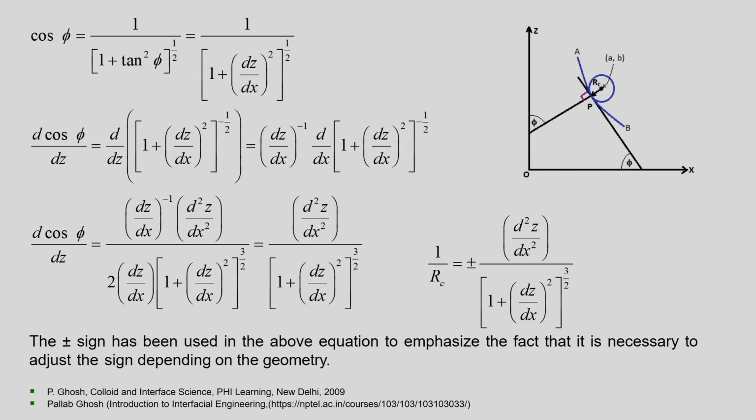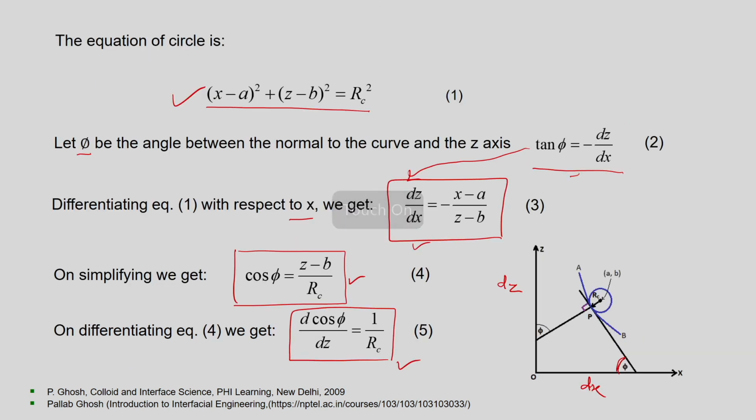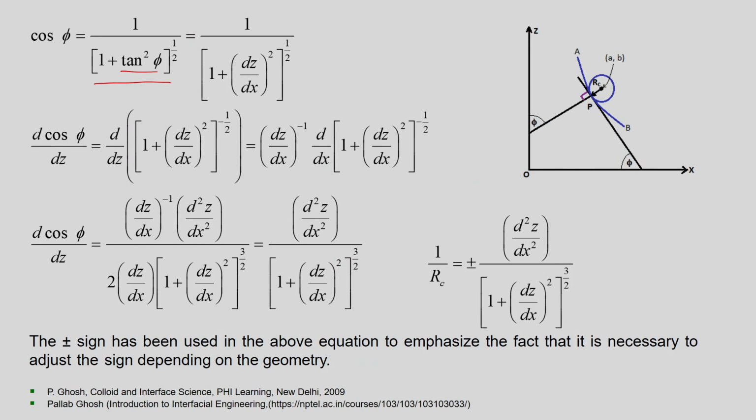Now cos phi I can also write using the expression of how cos is related to tan. From there this expression holds by definition. Tan phi is nothing but dz by dx. If you go to the previous slide, tan phi is minus dz by dx, and since it is minus, it becomes positive.